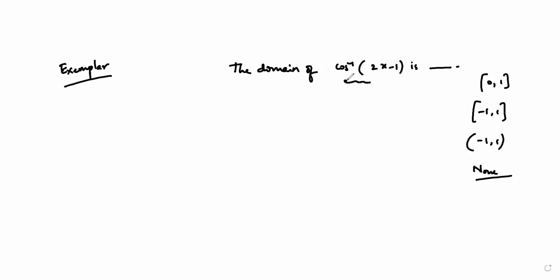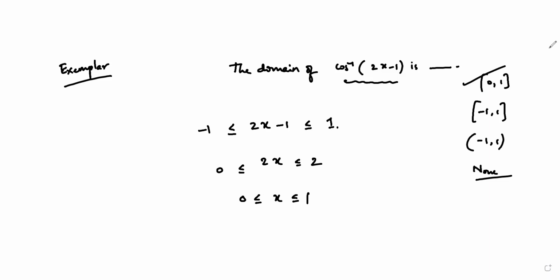First of all, you know very well, for cos inverse of x, x will lie between minus 1 and 1. So here instead of x, you have 2x minus 1. Now I am adding 1 on both sides, so 2x will be between 0 and 2. So x will lie between 0 and 1. So my answer will be the first option.